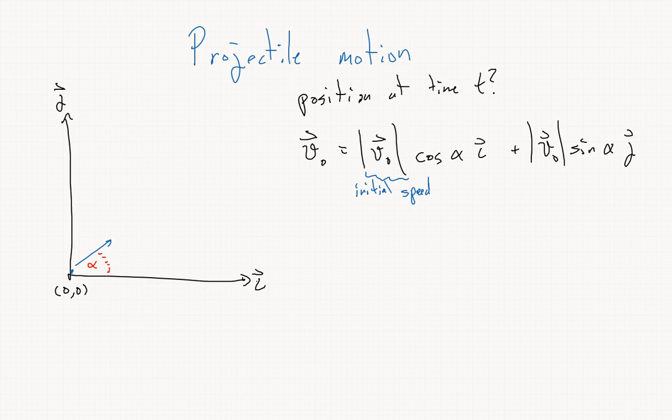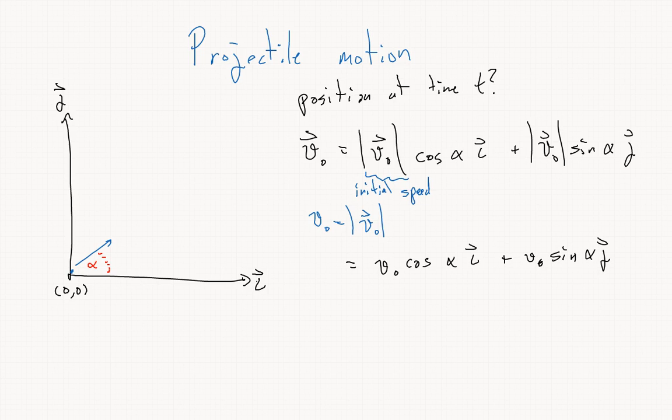And let's define v0 without the hat to mean the length of this. Then this is the initial speed. Then this becomes just v0 cos alpha i plus v0 sine alpha j.